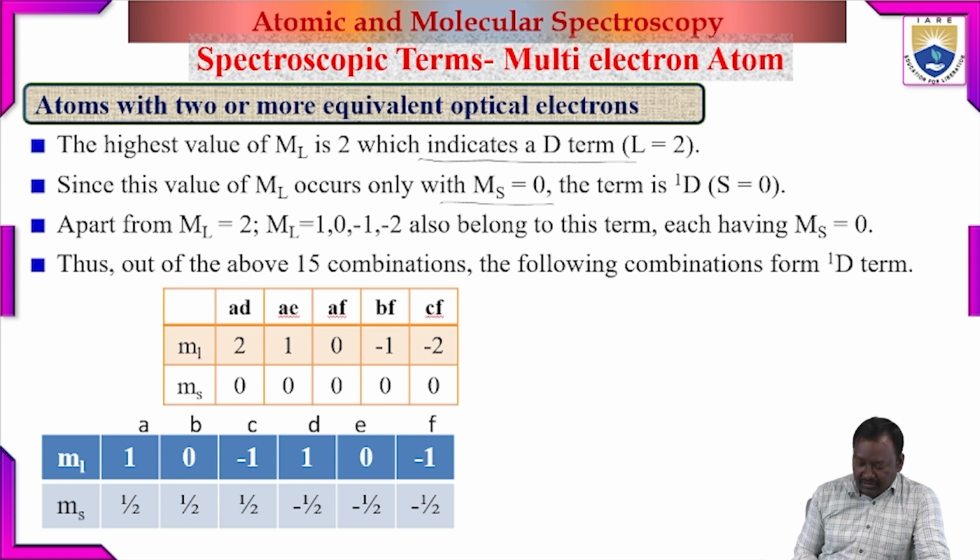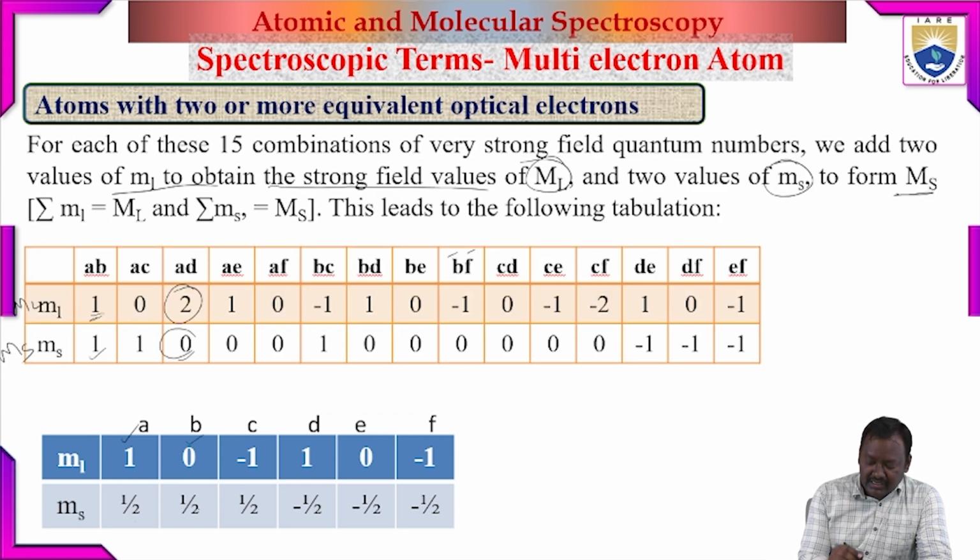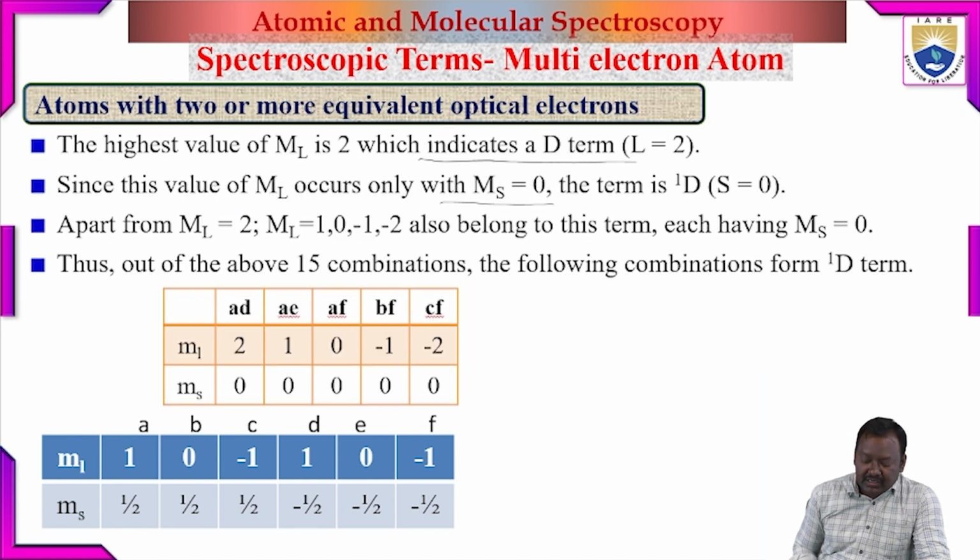The ms value here in this table is 0. Apart from this ml equal to 2, we are obtaining ml values 1, 0, minus 1, minus 2, which belong to the same term and have ms value 0.